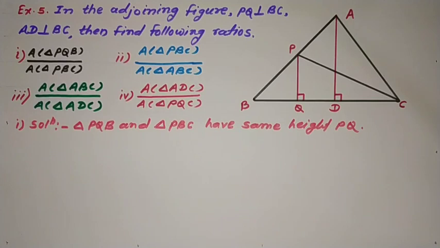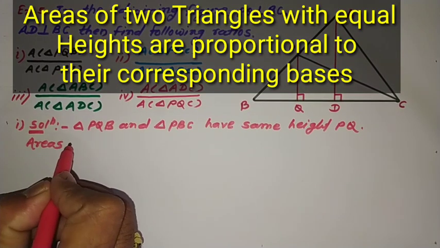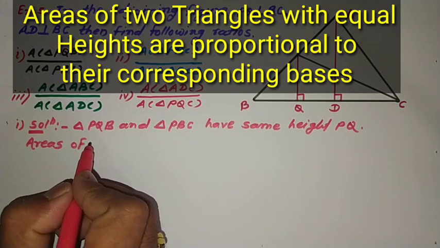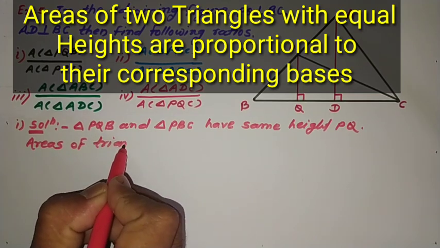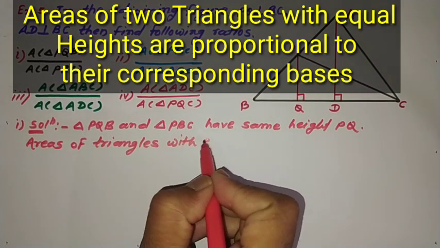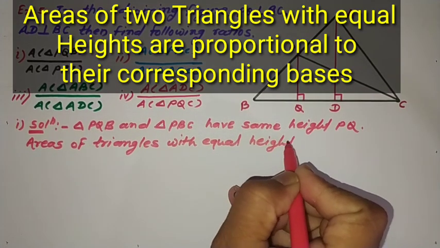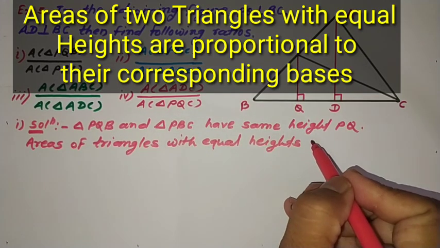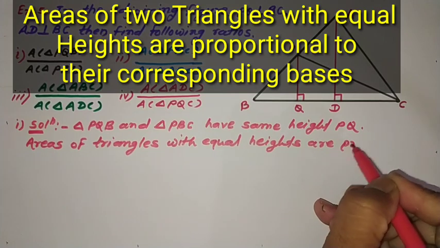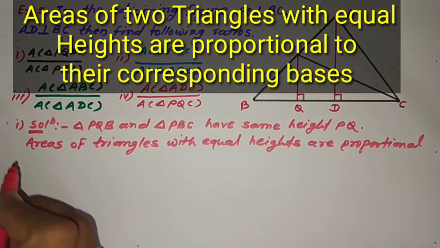We know that the areas of triangles with equal heights are proportional to their corresponding bases.